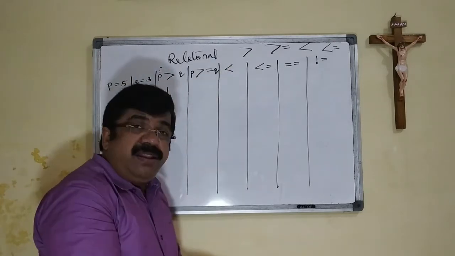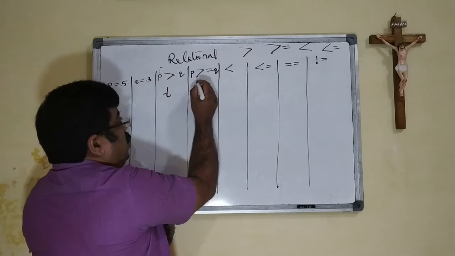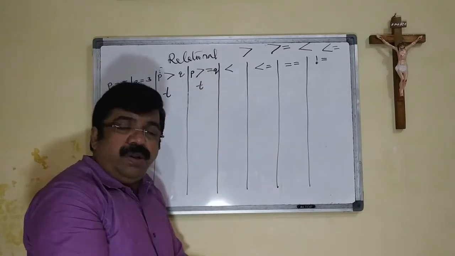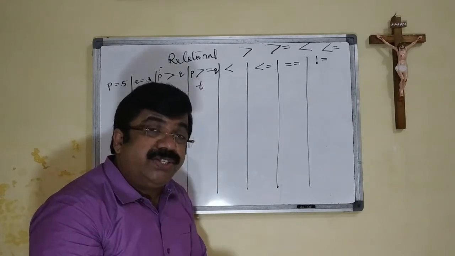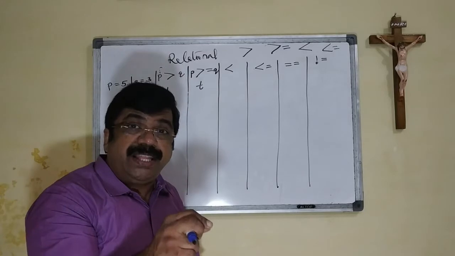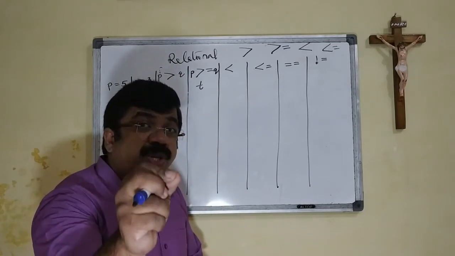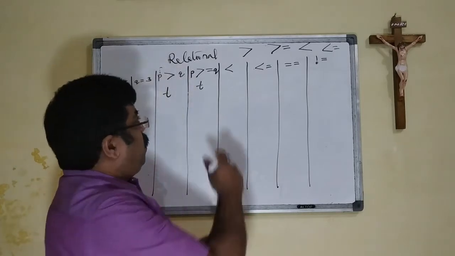Is it greater than? Yes, definitely greater than. So the result is true. That means it is checking either of the conditions, whether it is greater than, and if it is not greater than, it will check whether it is equal to. We are going to see that in the next example.